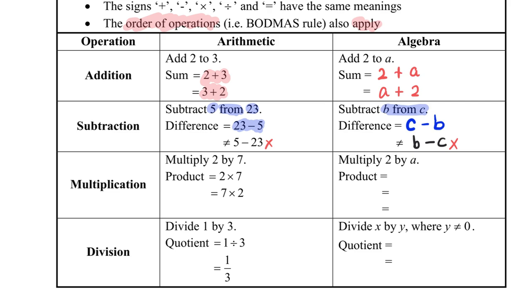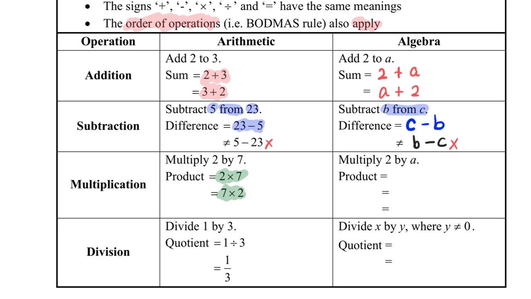Let's move on to multiplication. For multiplication, multiply 2 by 7 simply means 2 times 7, and it has the same value as 7 times 2, same as addition.